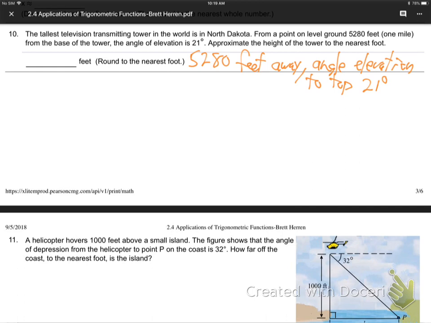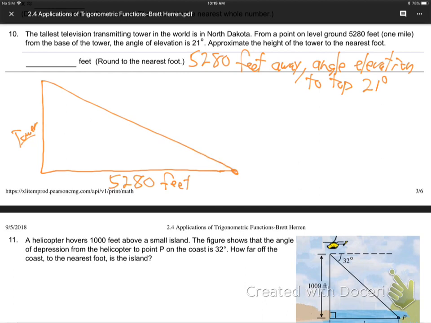Let me show you what that means. That means they got some tower. Here's the tower. My tower is going to be just a straight line. And then if you go far away from it, 5,280 feet away, that the angle up to that is 21 degrees.